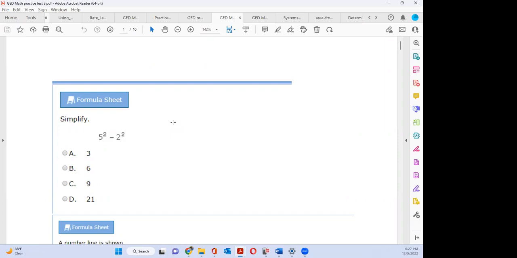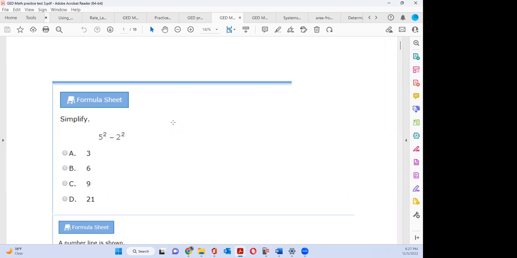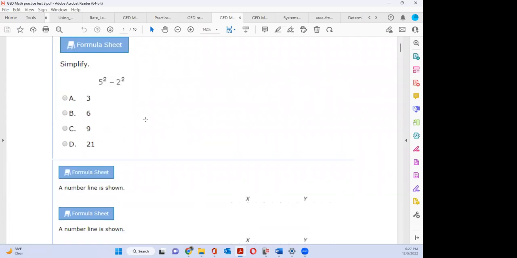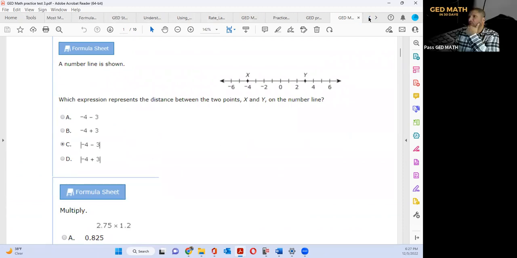But I was having trouble with the ones where 2 sides are equal, and the problem was like 2x plus 4 equals 3x minus 2. Hold on for 1 second.